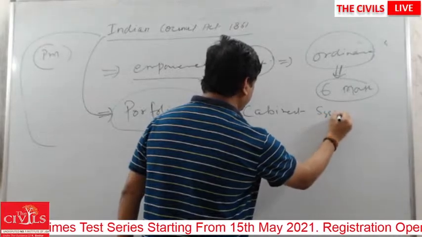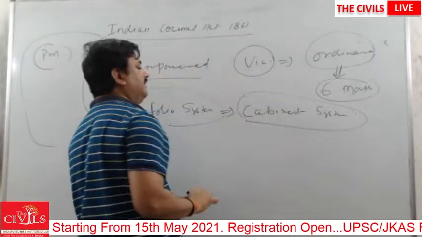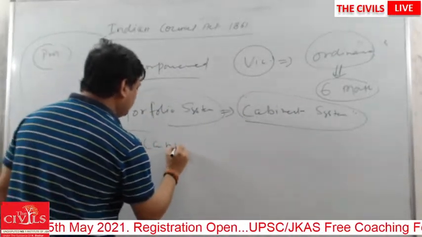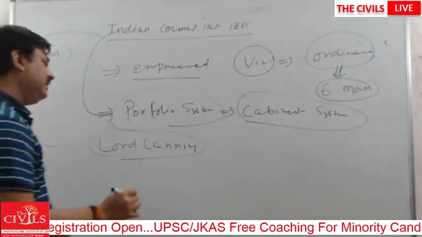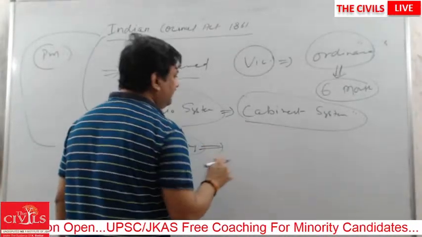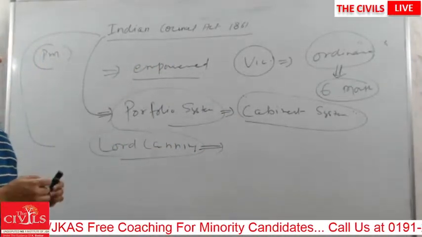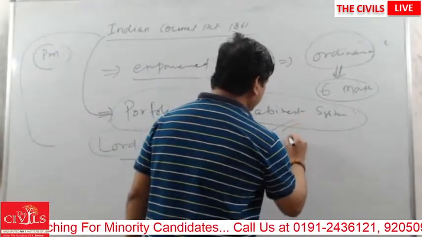For the ease of administration, Lord Canning, who was the viceroy at that time, distributed the entire administration among his ministers, and this was the beginning of the cabinet system, the ministry system.